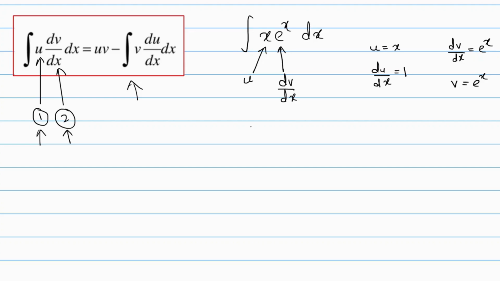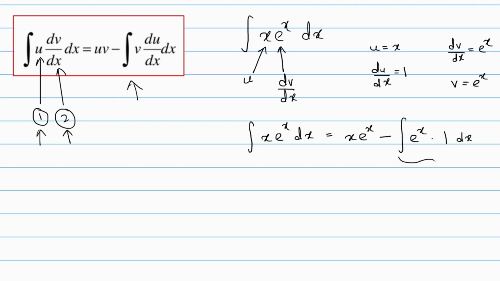So what we get then is, we rewrite the integral x e to the power x dx is equal to uv, so that is x e to the power x minus the integration of v, that is e to the power x, into du by dx, which is equal to 1 dx.